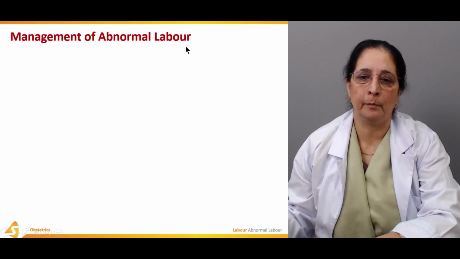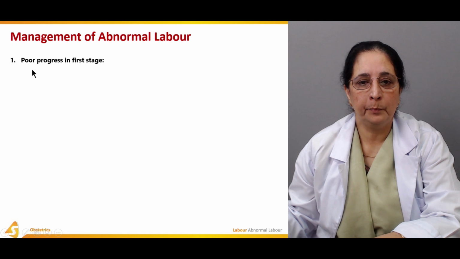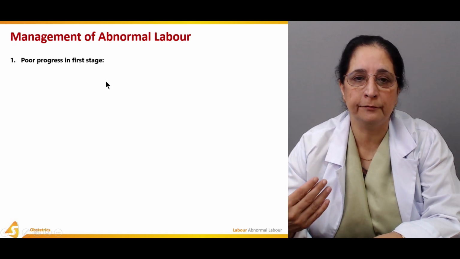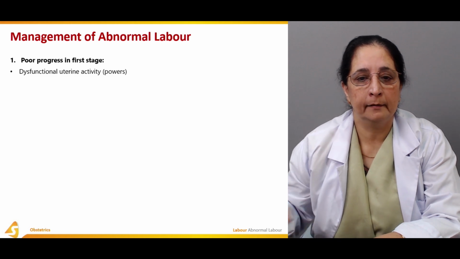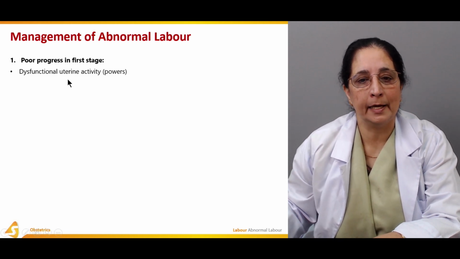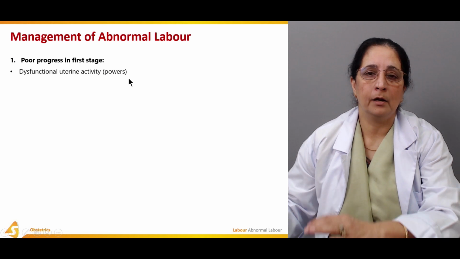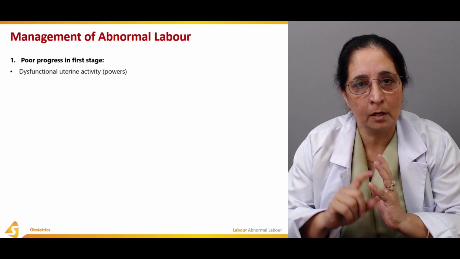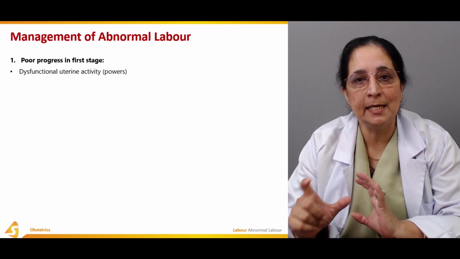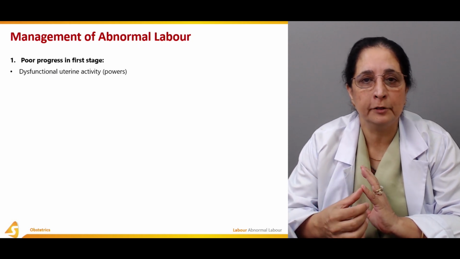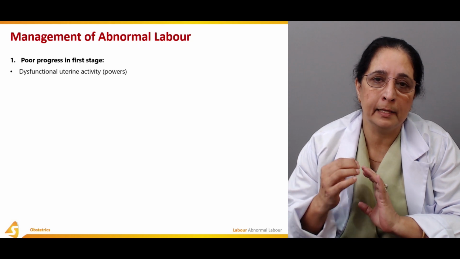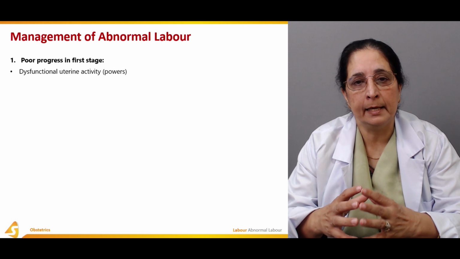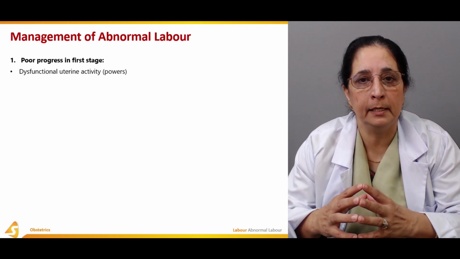Management of abnormal labor. Poor progress in the first stage. If there is poor progress in the first stage, there is dysfunctional uterine activity. There are not good powers exerting. We talked about the three P's of labor, and the first P was the power, from the contraction of the uterus and the forces exerted by the mother.